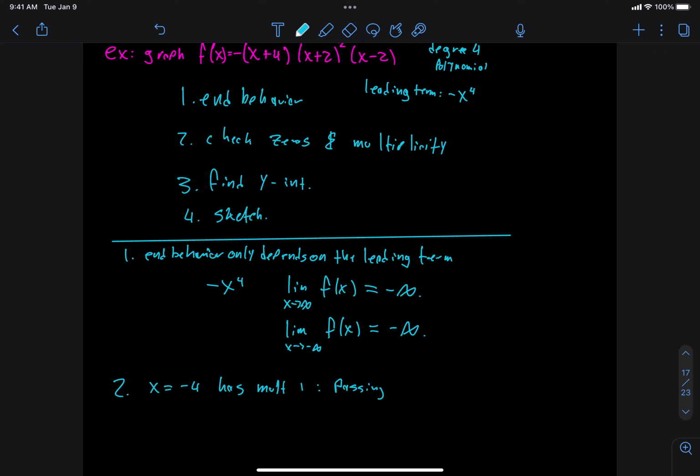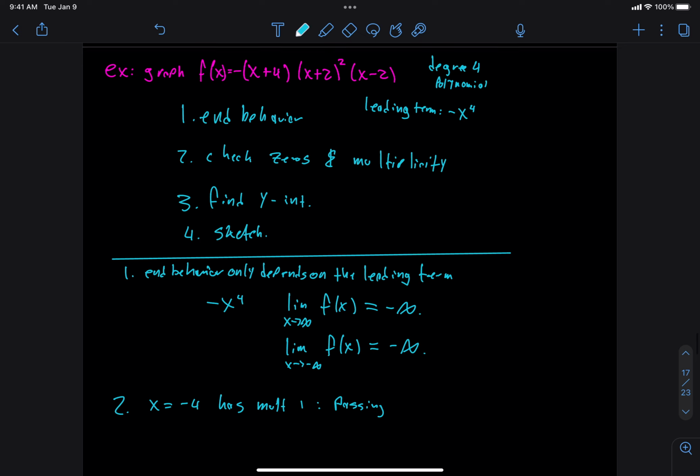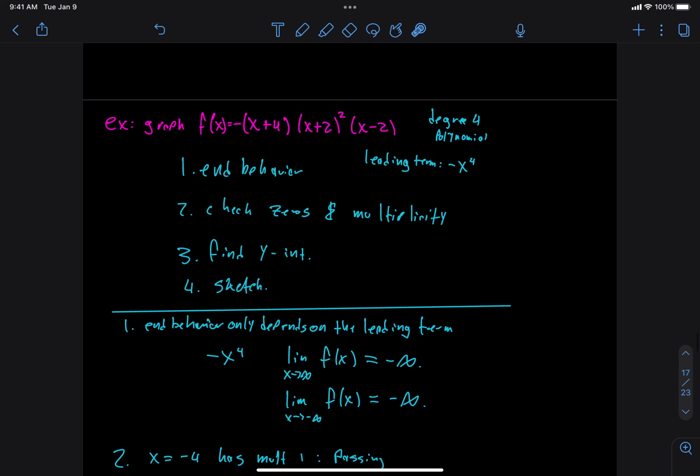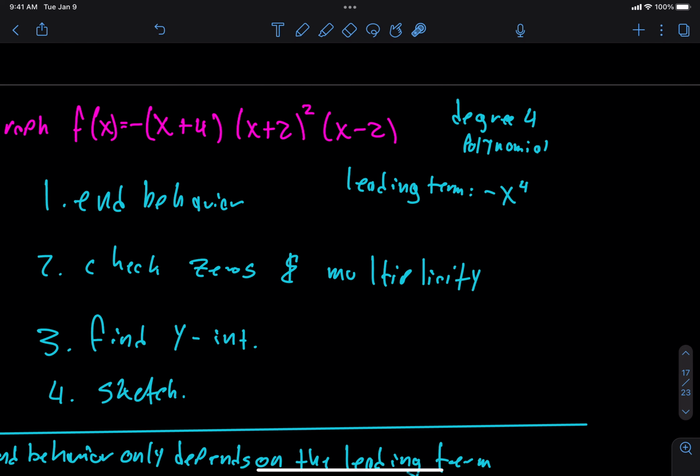Okay, and I also have x equals -2, right? X equals -2 has multiplicity what? Well, -2 is the zero corresponding to this factor, and it has multiplicity 2, right?